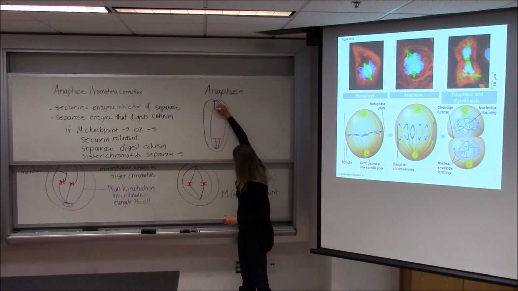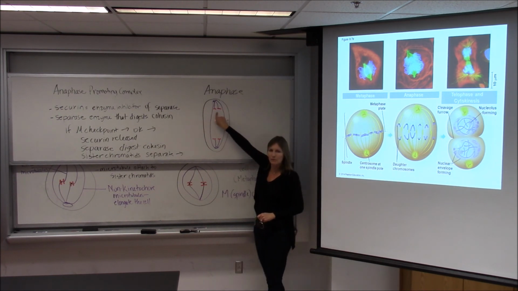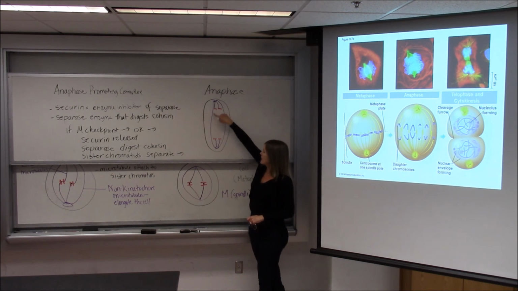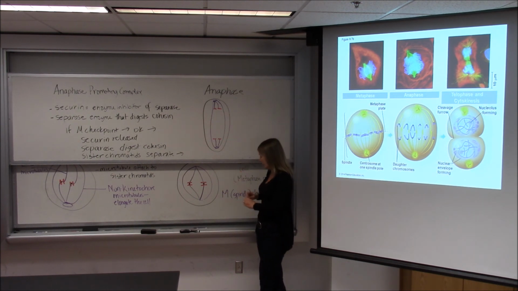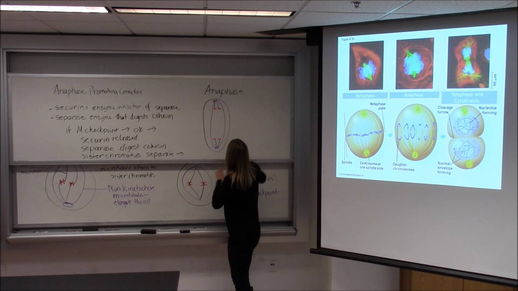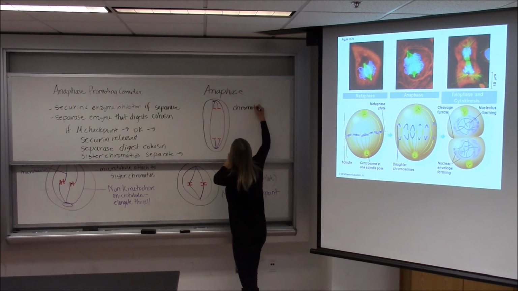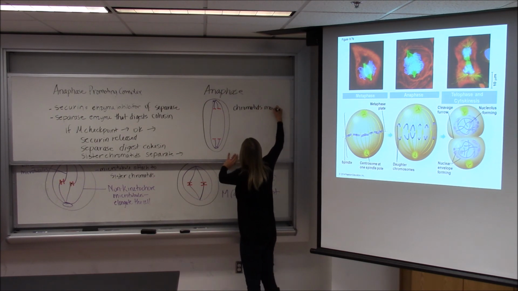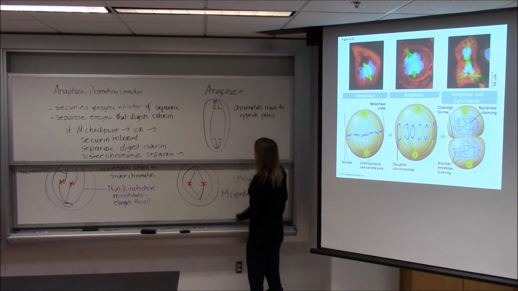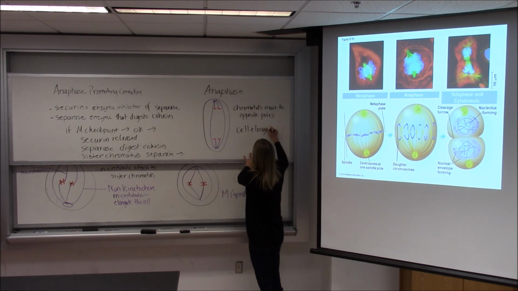They're going to start moving to opposite poles of the cell as the kinetochore microtubules shorten and the non-kinetochore microtubules elongate. So chromatids move to opposite poles of the cell, and the cell elongates. And again, this is due to the microtubules.